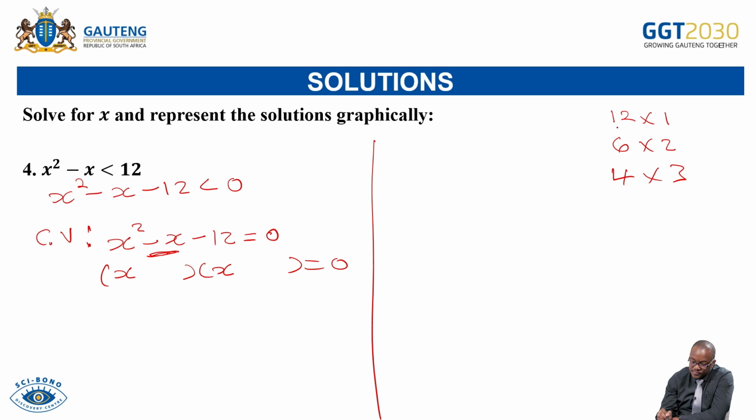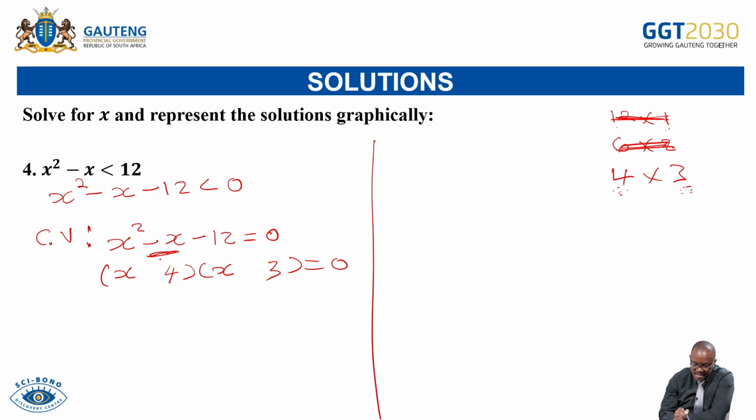So 12 times 1 is 12, but it can only give you 13 or 11, so that one is out. 6 times 2 is 12, but they can only give you 4 or 8, which is out. Then 3 times 4, they give you 12 when you multiply them, but when you add or subtract them, they can either give you 1 or 7. So I'm going to use 4 times 3.